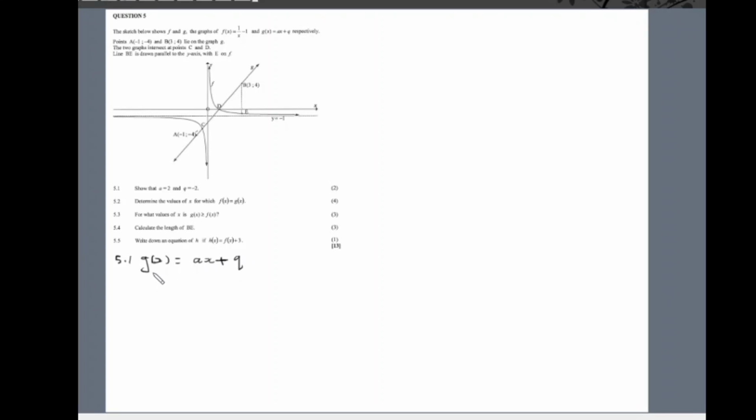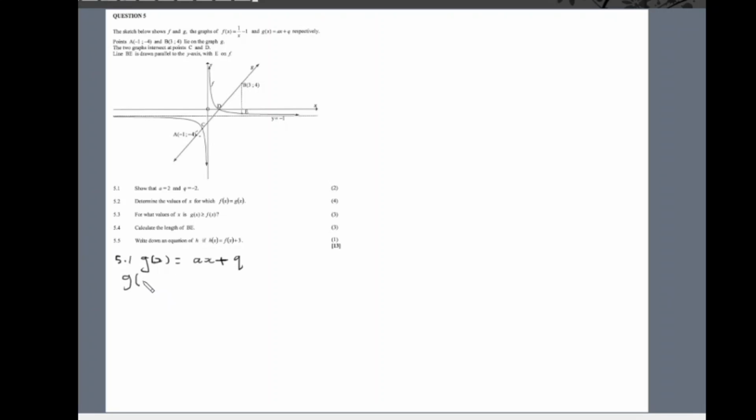To do that, we'll have to use the given points A and B, right? We know that when x is minus 1, y has to be minus 4, right? Meaning if I substitute x with minus 1 in this equation, I should get minus 4.